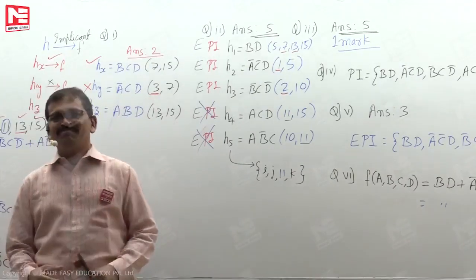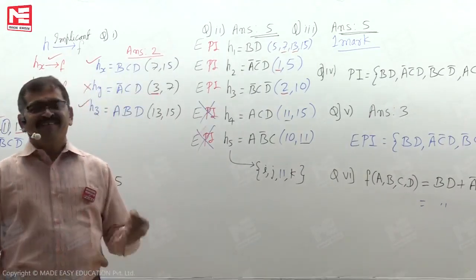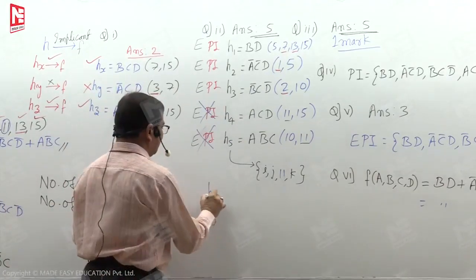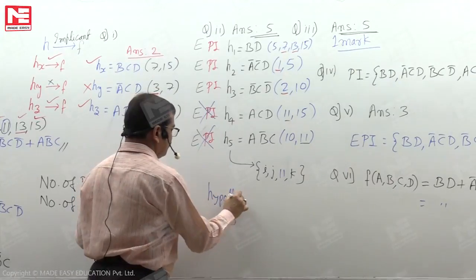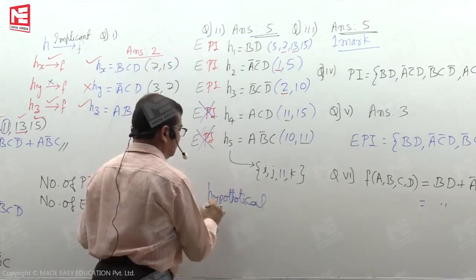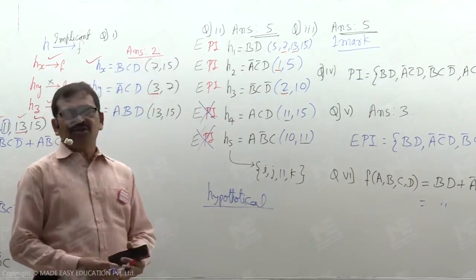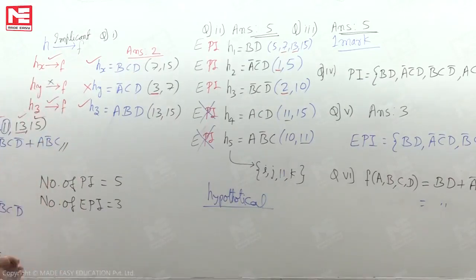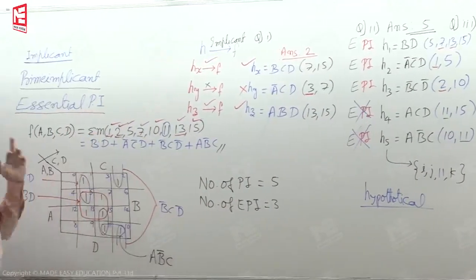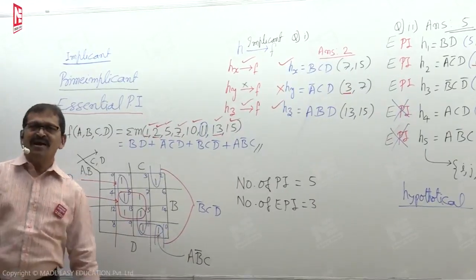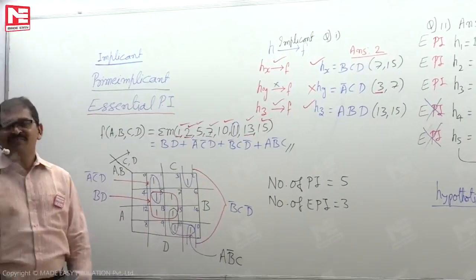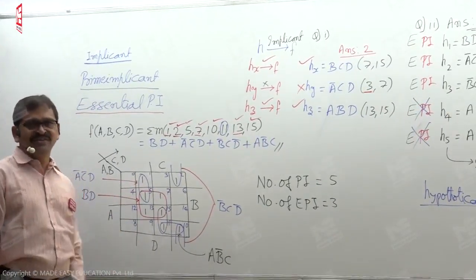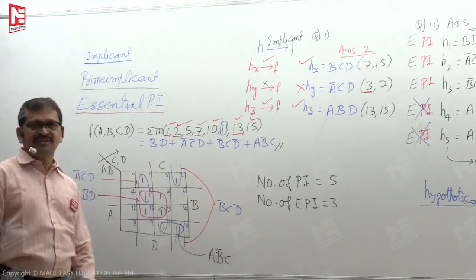Now a small question. This is only a hypothetical situation, an assumption only. If it is the situation, then try to answer for the given function f of ABCD: how many minimal forms will the function have?